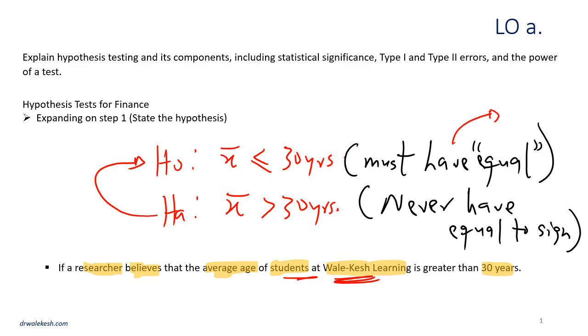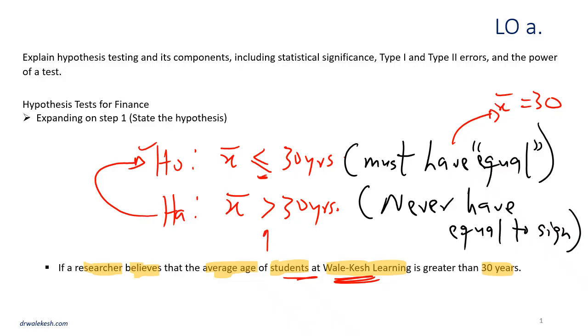Example of stating a null that will have an equal to sign is this. We can see less than or equal to, or it could even be X bar is equal to 0 or is equal to 30. This is an example of a null hypothesis. But for alternative, it should never have an equal to sign.